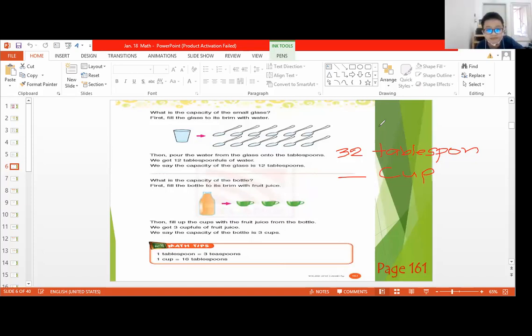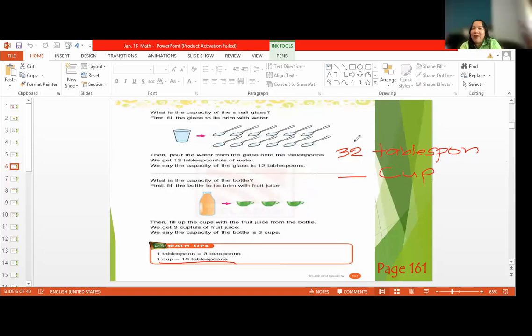Just look at it. 16 tablespoons is 1 cup.